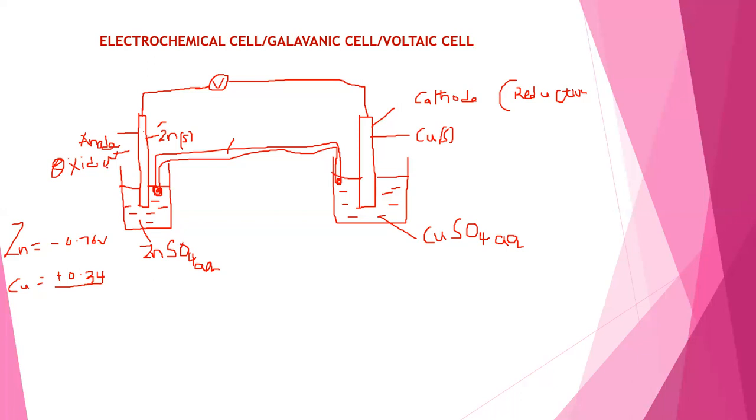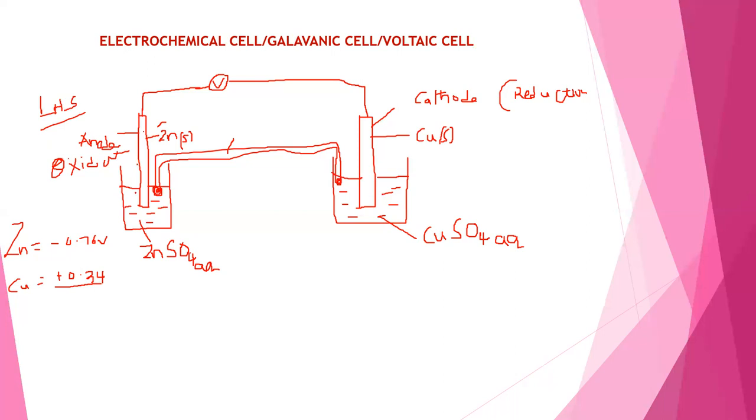So the one with the lower electrode potential is always placed at the left-hand side because it undergoes oxidation.